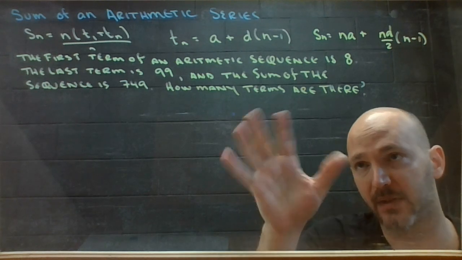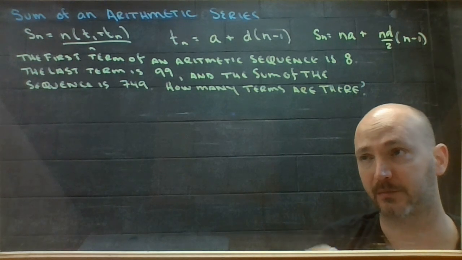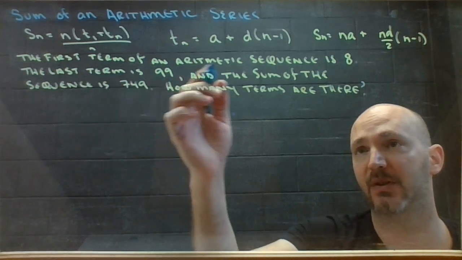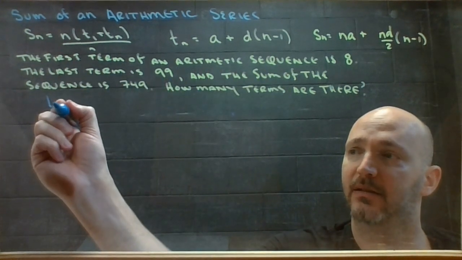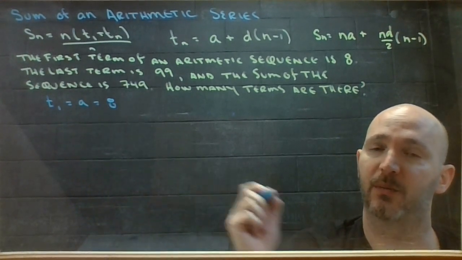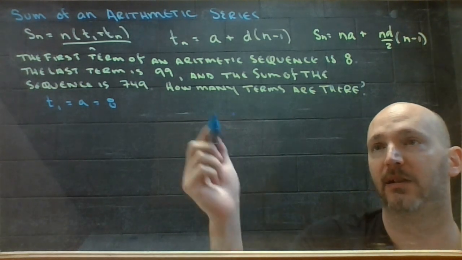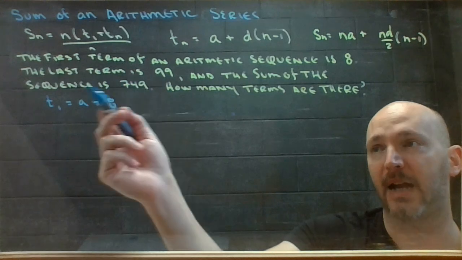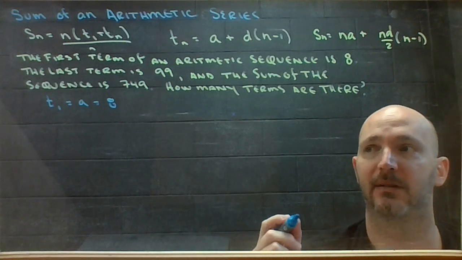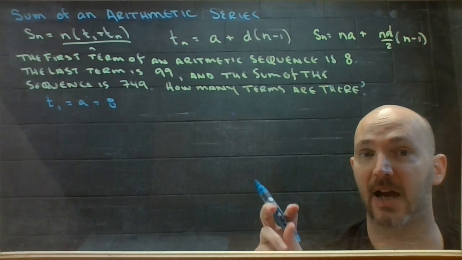So given this, I'm just going to write out what I know. I have the first term is 8, so that's T1. It's also A in these formulas, so I've got an 8 there. The last term is 99. Now, it doesn't tell you what number that term is, it's just the last one.